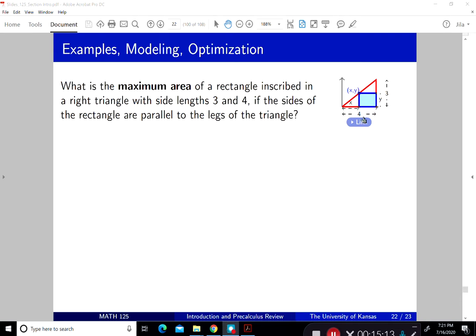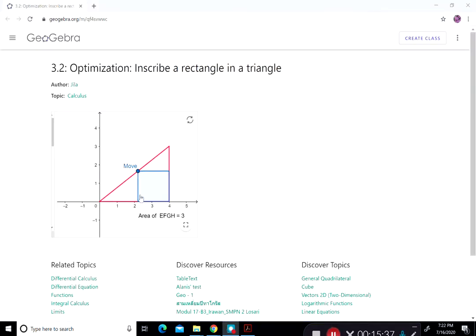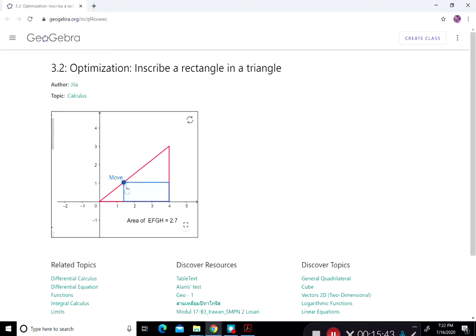So this is the picture. Picture looks like that, and let's think about it. If I move this x and y point, the point that is on the hypotenuse, then I get a different size rectangle. So let's try that first. Over here, I can move this point and see the rectangle is still inscribed in the triangle.